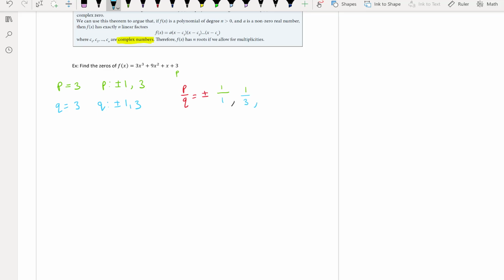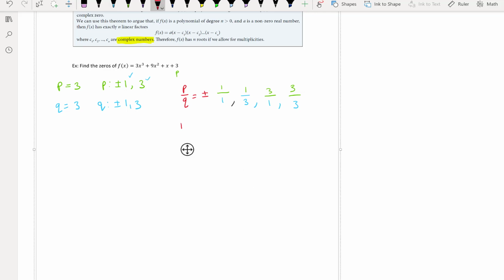So I used 1, so that one's used up. Now I'm going to be using my 3. So 3 divided by my 1, and I also have 3 divided by my 3. Okay, so now I've used 3 up in the numerator as well.